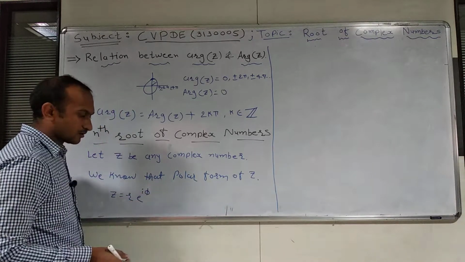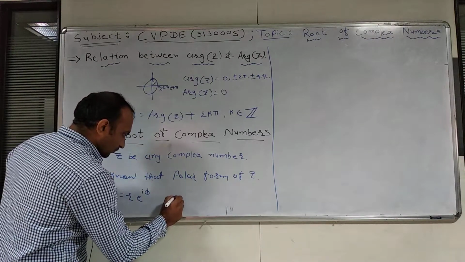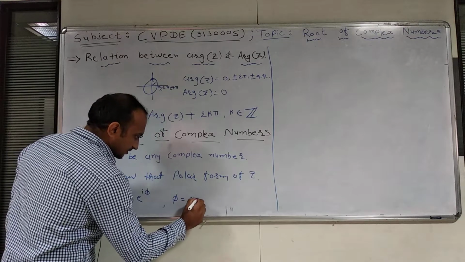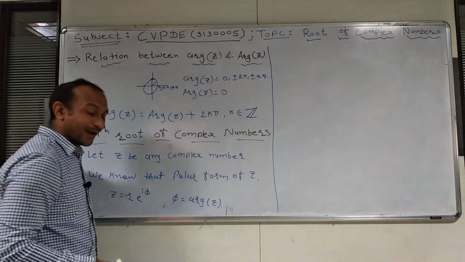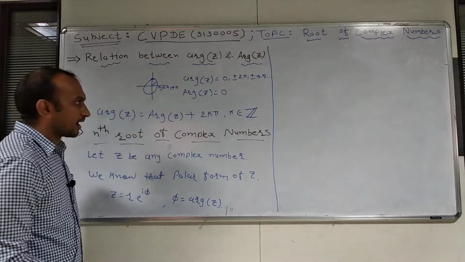Here theta is the principal argument, and this phi is the simple argument of Z, that means we can use any angle here. So Z equals R e raised to i phi.